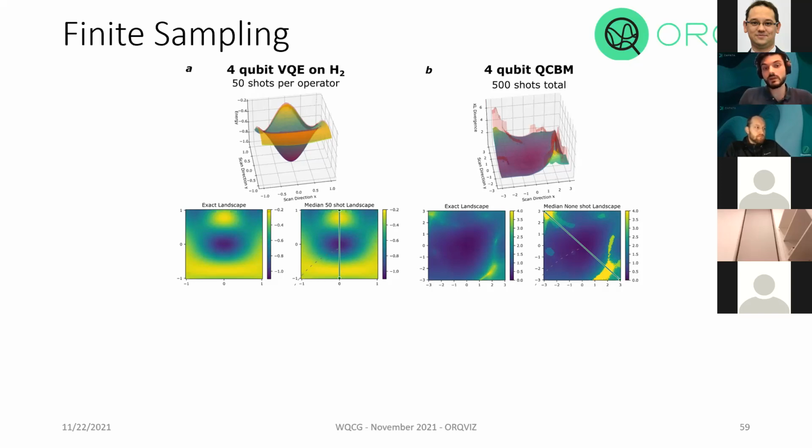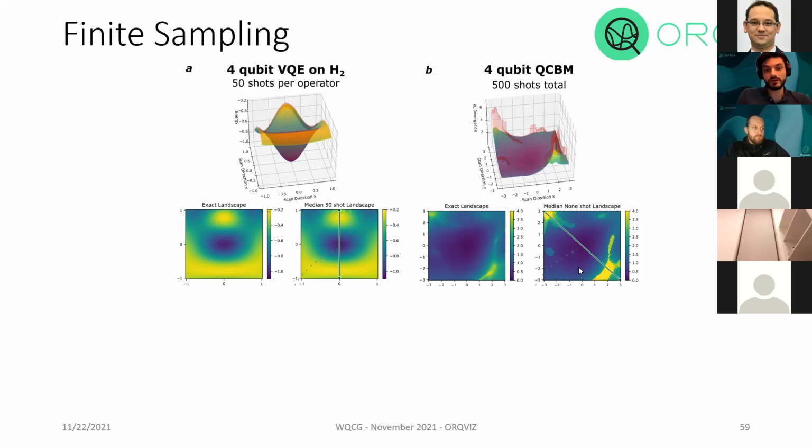So the median will go towards the exact. But if you have a logarithm in there and you undersample your expectations, the loss actually increases, right? It actually has a bias upwards. So you can't extract back the exact landscape from a bunch of averages with finite measurements.